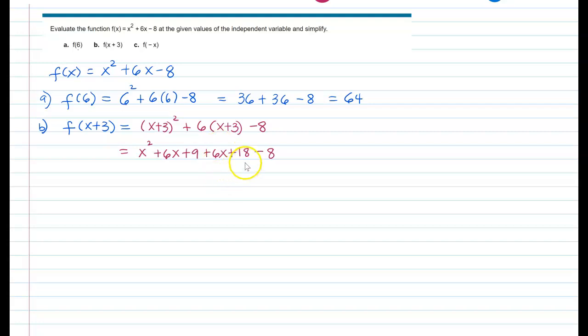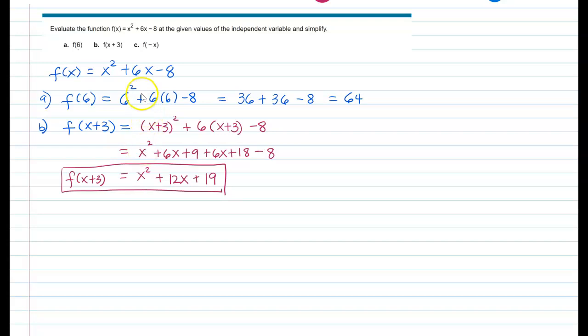And then you simplify by combining similar terms. This is equal to x squared plus 6x plus 6x is 12x, plus 18 minus 8 is 10, plus 9 is 19. So that means f of x plus 3 is equal to x squared plus 12x plus 19.